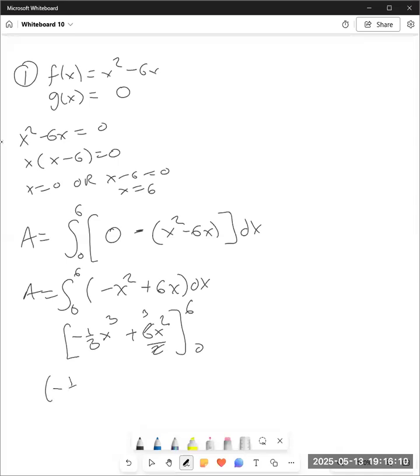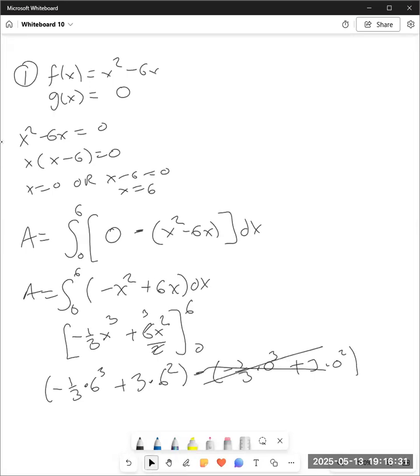That's negative 1/3 times 6 cubed plus 3 times 6 squared, minus negative 1/3 times 0 cubed plus 3 times 0 squared. All of that is 0. So we have 36 times 2 is 72.